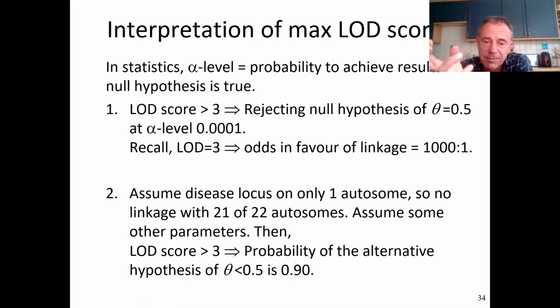Another way is a kind of quasi-Bayesian thing where you say, what's the probability that where I look, the linkage is going to be there? What's my probability of linkage? It's low. There's 20 chromosomes, 25 chromosomes, 23.